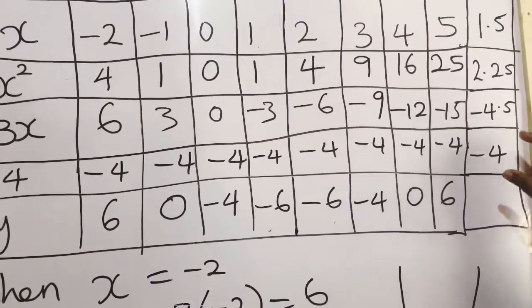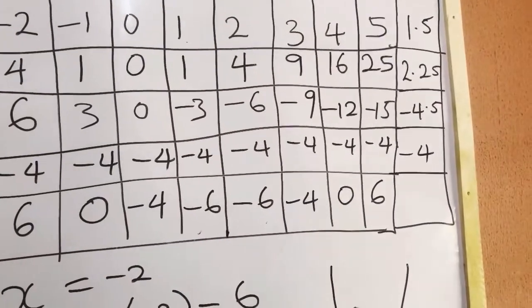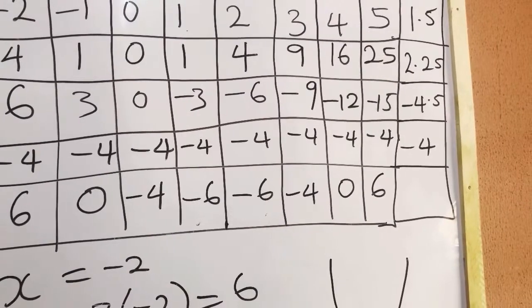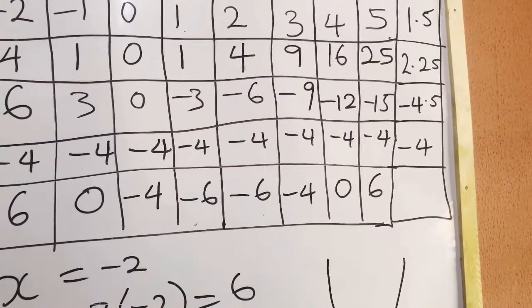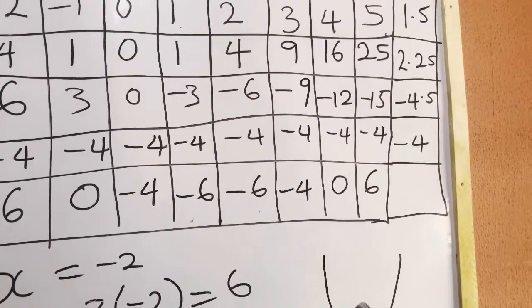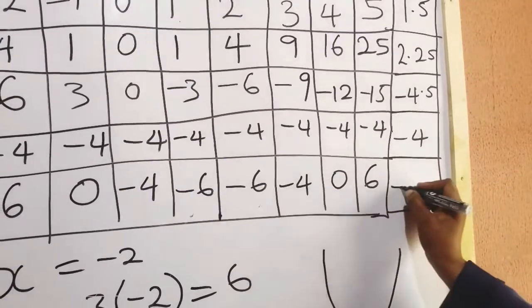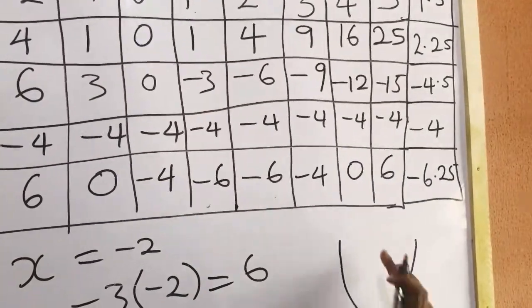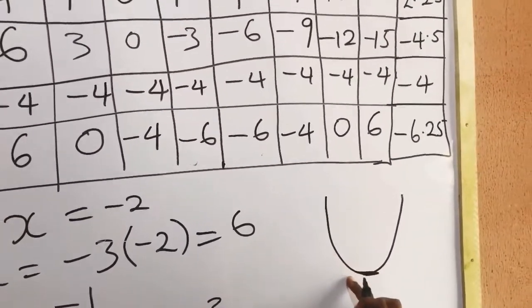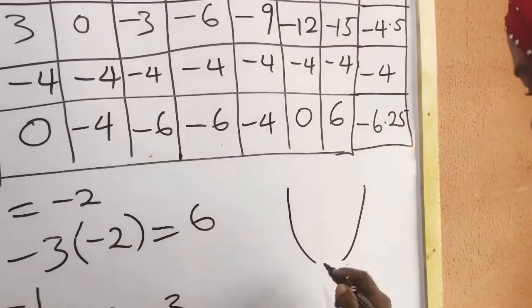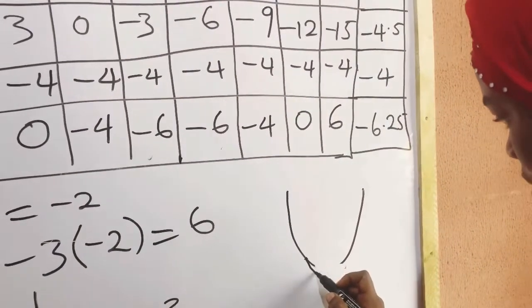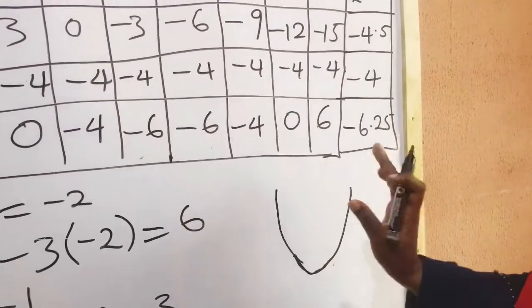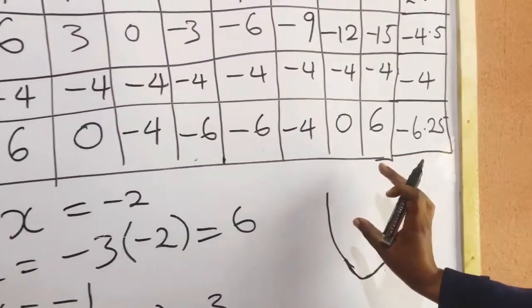So the value of y will now be equal to 2.25 minus 4.5 minus 4 is equal to minus 6.25. So you can see that when we draw the graph, it will not be straight at the bottom, so it must come out small, must be hollow. So that's what I want us to notice.